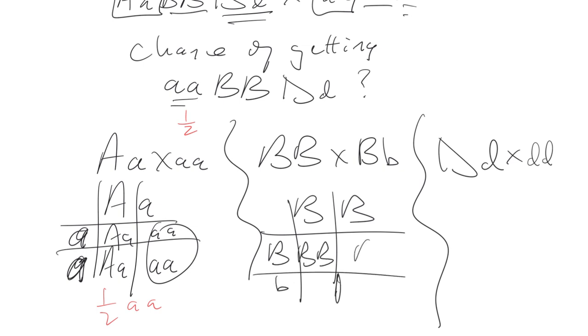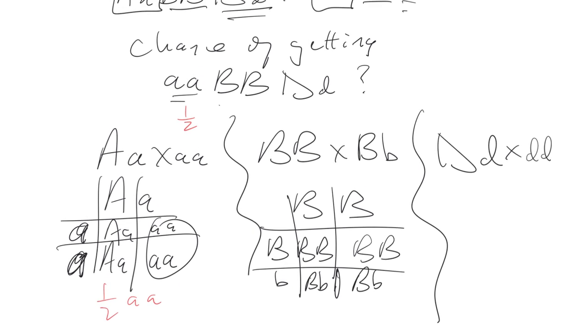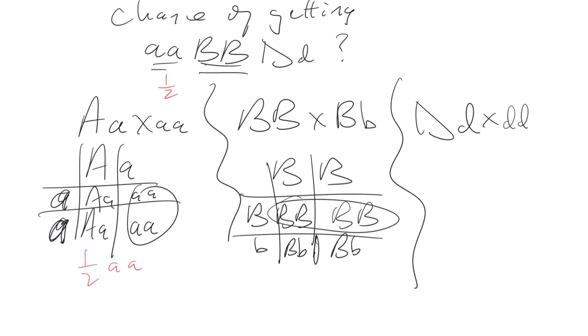Okay, so what's the chance of getting big B, big B? That looks like half again. Half a chance right here. So I'll put 1/2 right there. What's the chance of getting big D, little d?